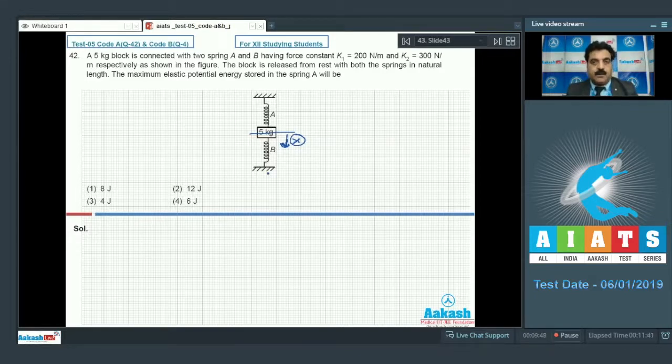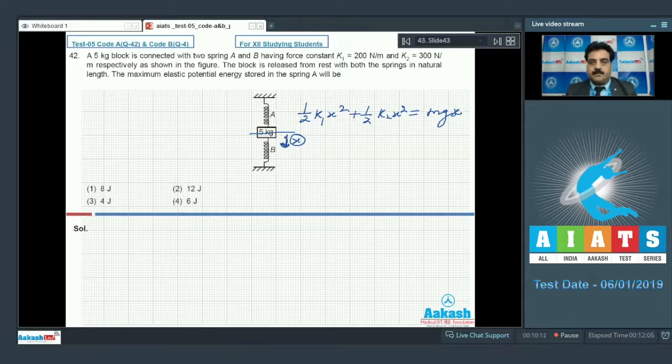If I use the law of conservation of mechanical energy, as I told you in previous questions, then I can write for A half K1 x square plus for the second one half K2 x square, and that is equal to mgx. So this is the equation.